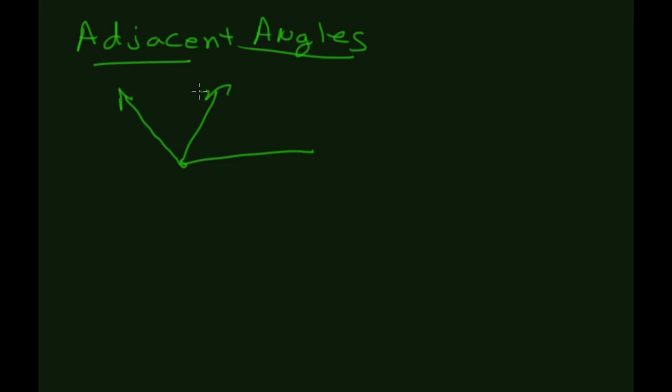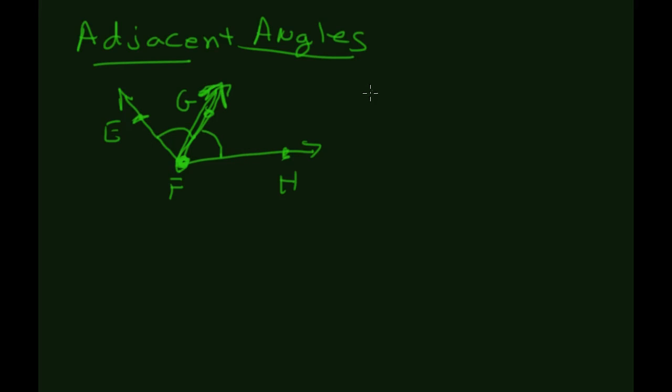So let's say we create the situation where I have point E, point F, point G, and point H. This is a diagram where they have a common endpoint, right? And this angle and this angle don't overlap, and they have a common side. Okay, so the common side here is FG. They have a common endpoint and they don't overlap.